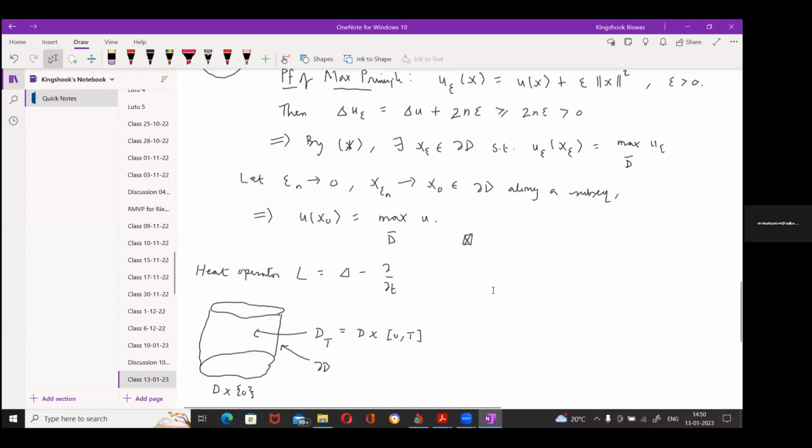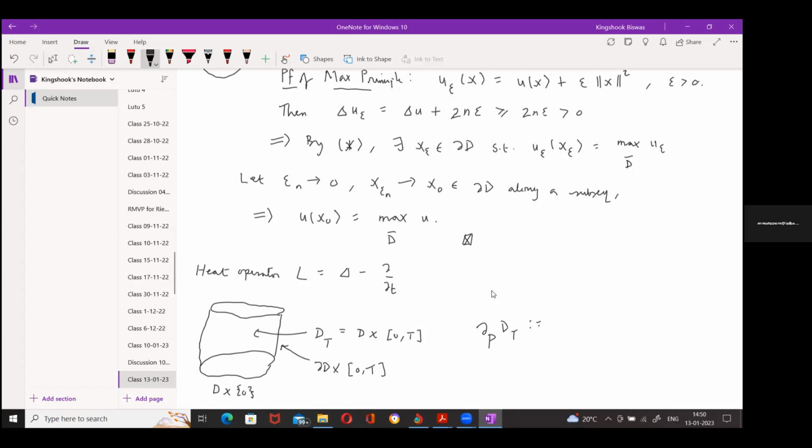Okay. All right. So we have the maximum principle for the Laplacian. Now we have another maximum principle for this heat operator, which is the Laplacian minus del del t. Here we have to define this cylinder domain D sub T, which is D cross (0,T). The vertical part of the boundary is boundary D cross (0,T). And then you define what's called the parabolic boundary of this cylinder.